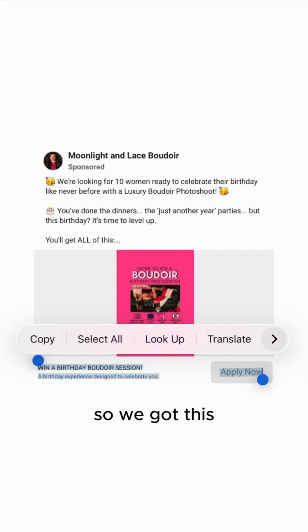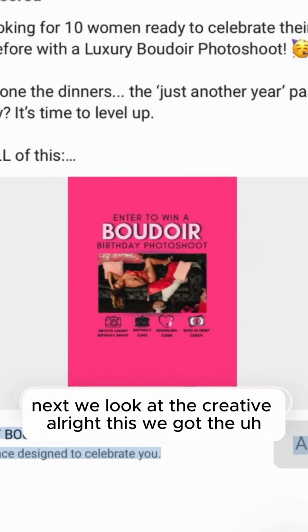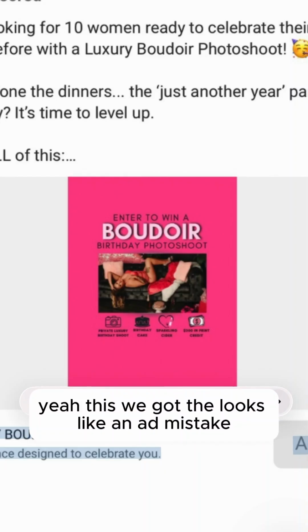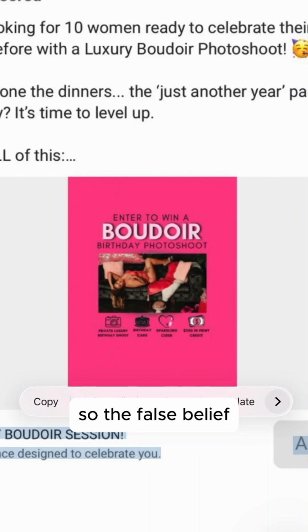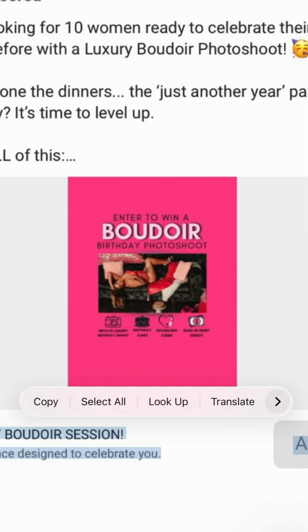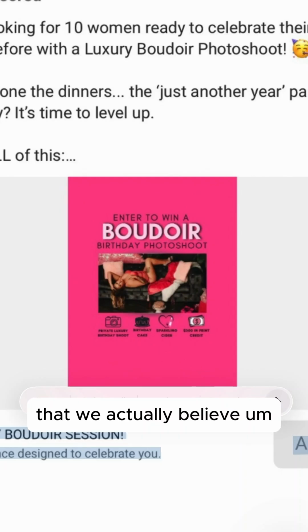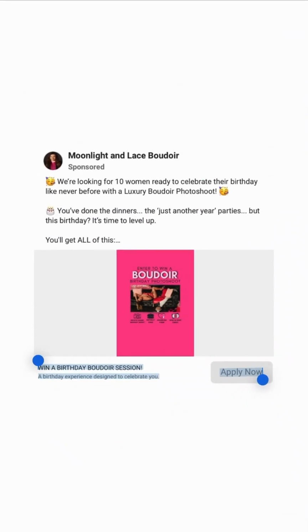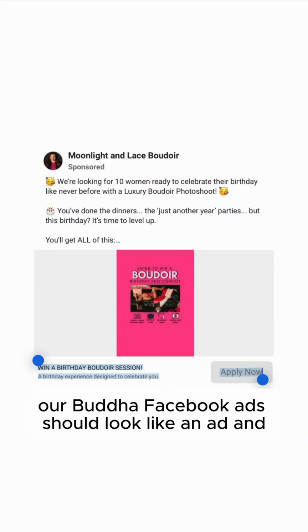So we got this. Next, we look at the creative. All right, this looks like an ad mistake. The false belief that causes us to make this mistake is that we believe our Boudoir Facebook ad should look like an ad.